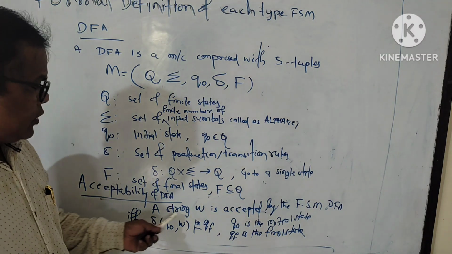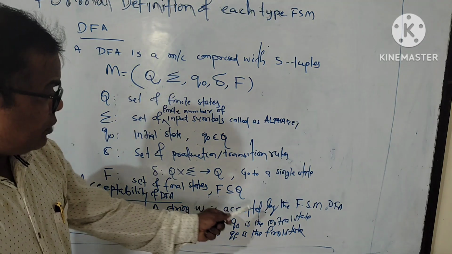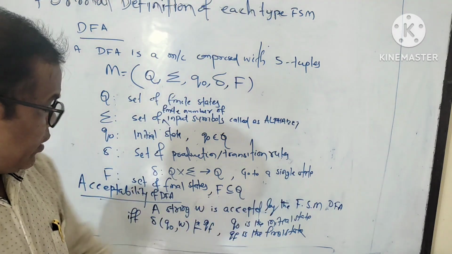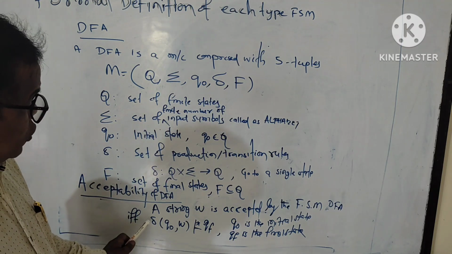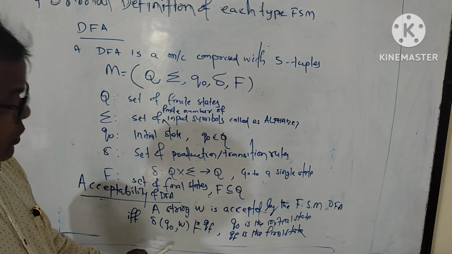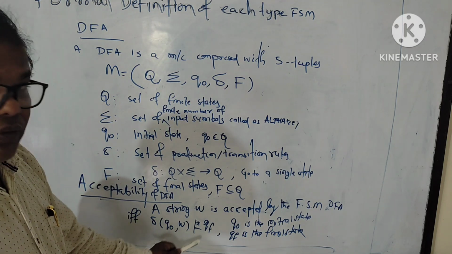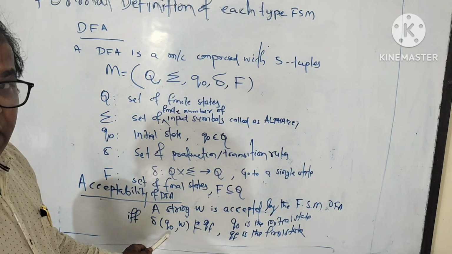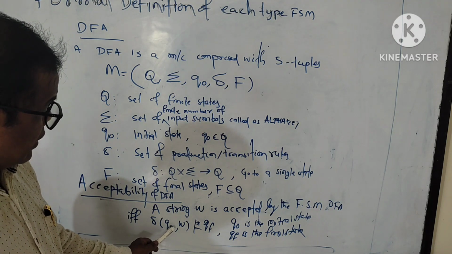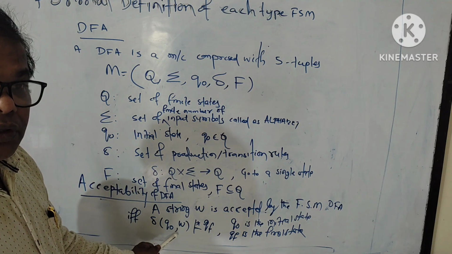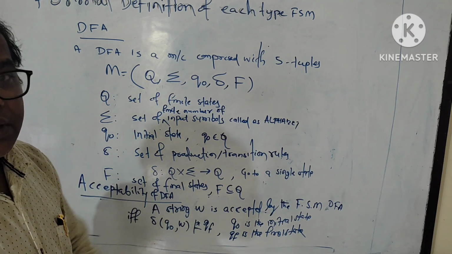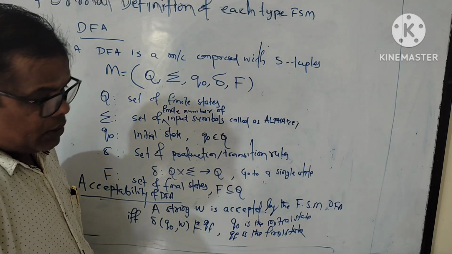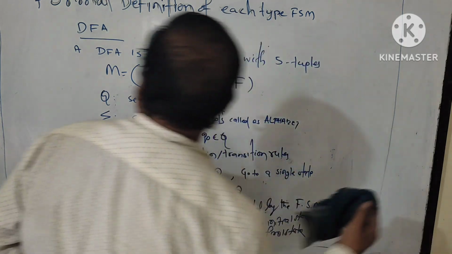Can I repeat that? A string W is accepted by the finite state machine DFA if and only if there are some transition rules, that's why I have written here derivation form, maybe a set of transition rules, that drive the input string W from the initial state to the final state. That is called the acceptability of the DFA machine.